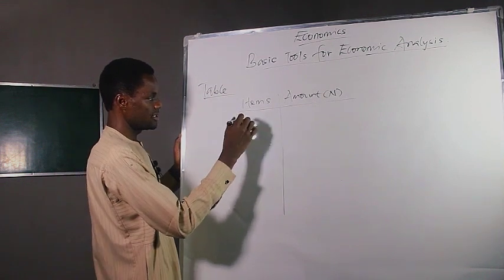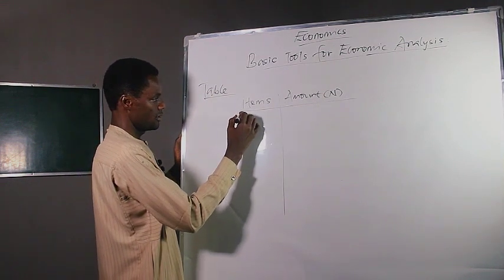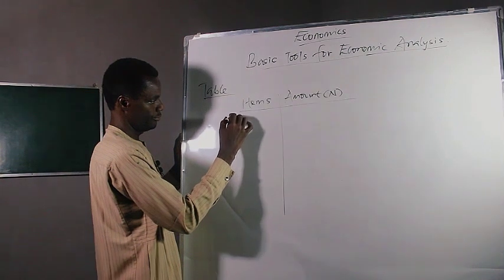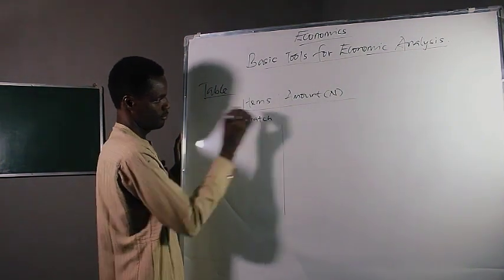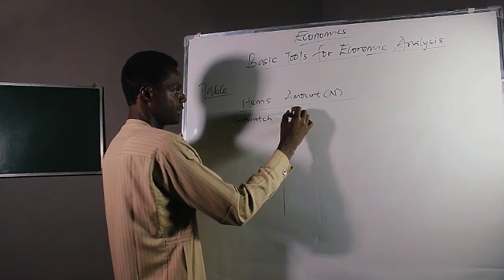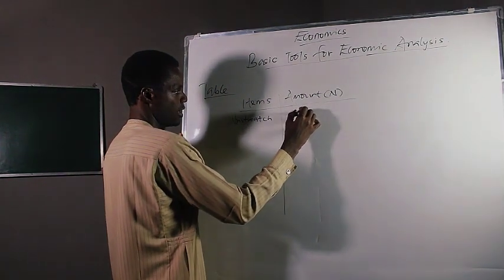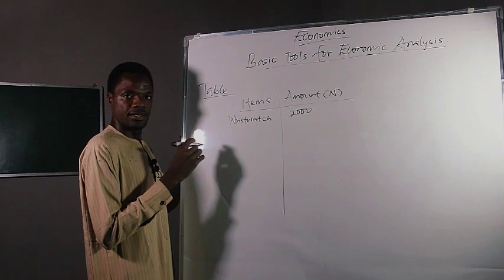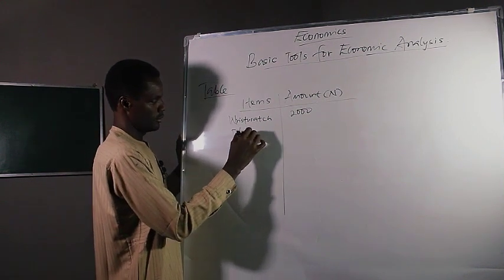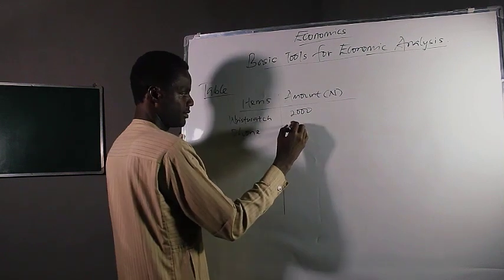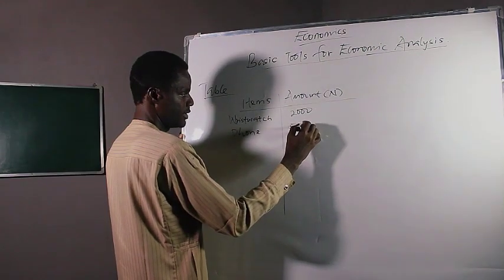For example, the person needs to buy a wristwatch at 2,000 naira. Then the same person needs to buy a phone at 50,000.